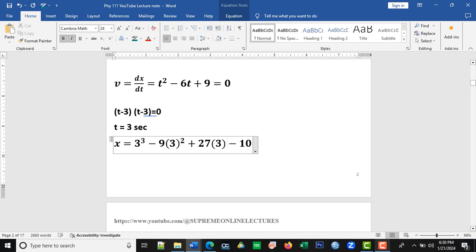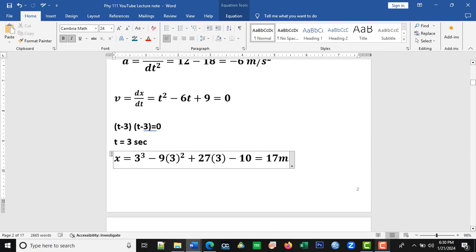When we do that, we will get our final answer to be 17 meters.